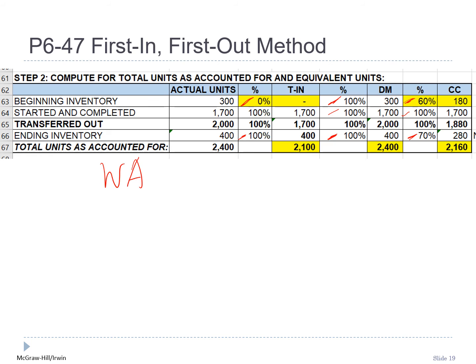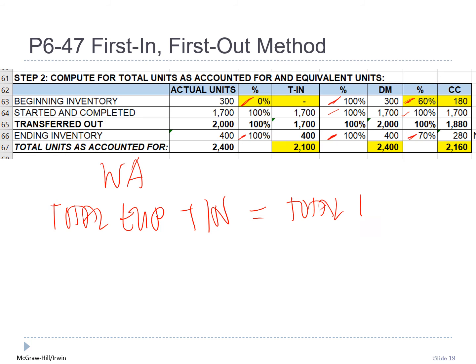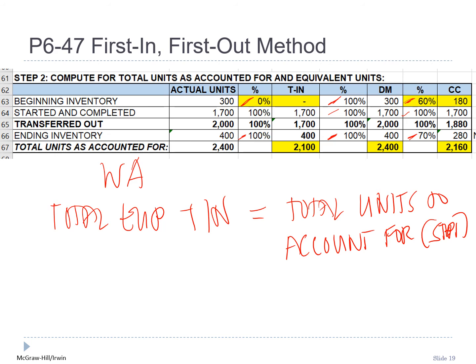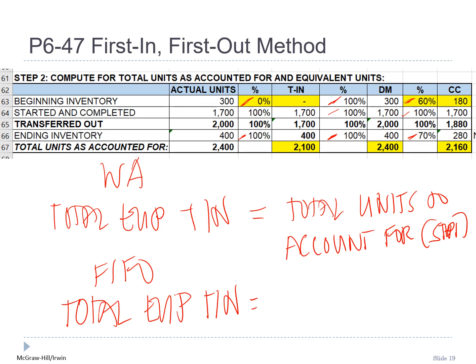Kapag weighted average, yung total EUP ng transferred in is equal dun sa total units to account for. Ayan. Ito yung nandun sa step 1. Ayan. Pero kapag FIFO, yung total EUP ng transferred in dapat equal lang dun sa units started. So, yun din sa step 1.